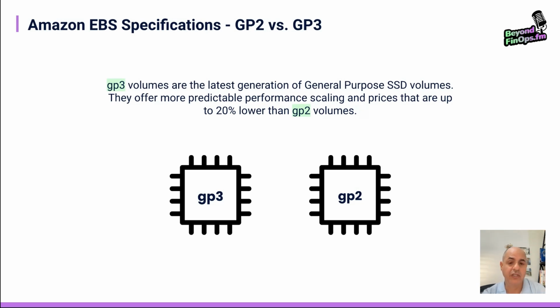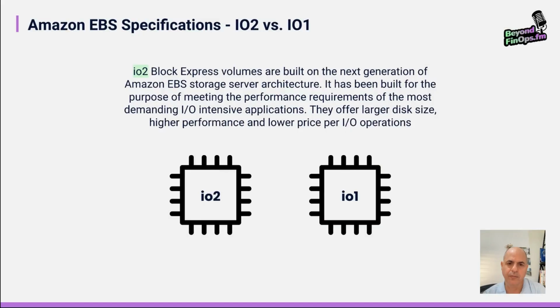So there is no reason on earth to use GP2 volumes. We can make a conclusion that if you're using GP2 volumes, you can stop that, you can switch those to GP3 and nothing bad will happen. You'll just save some dollars. So when we compare GP2 to GP3, we have a winner. The winner is GP3, of course.